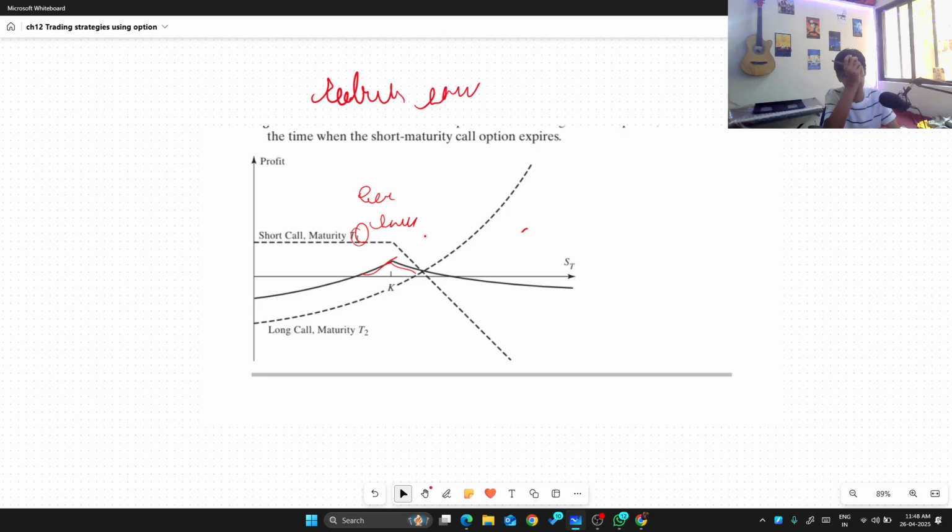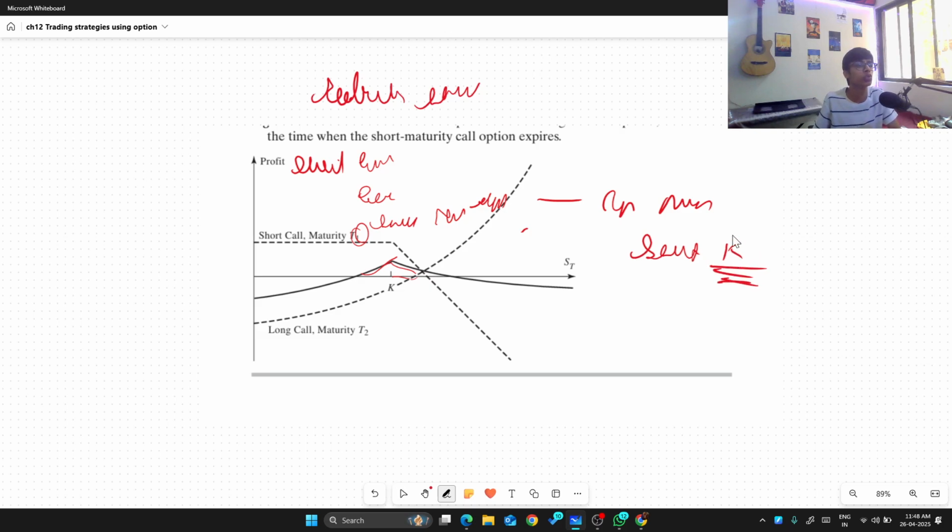And let's say the short expires, but we are still long the longer maturity call, and it is in the money, then we will earn money from the in-the-money call. Yeah, it should be very close to K. Only then will we earn money on the longer maturity, and that's how the calendar spread works.